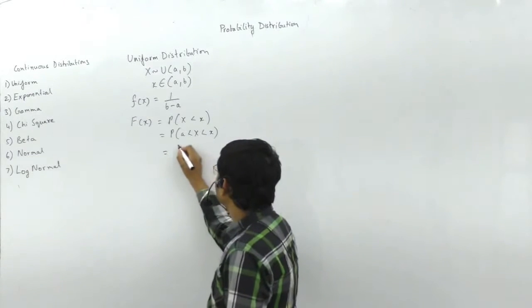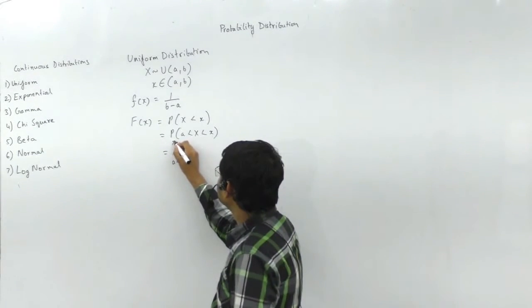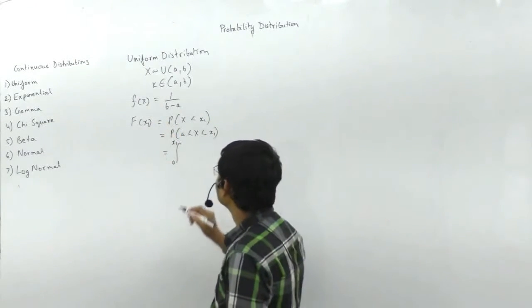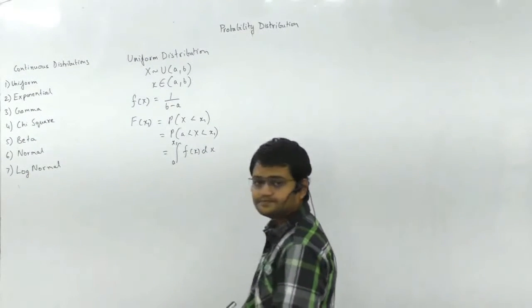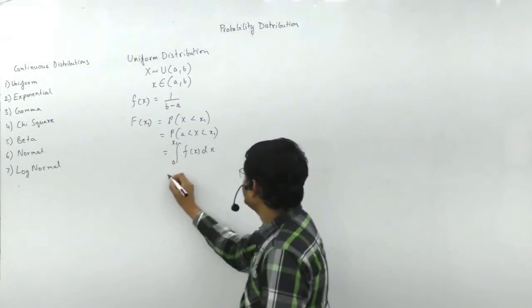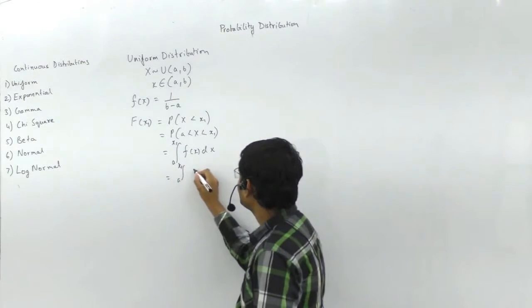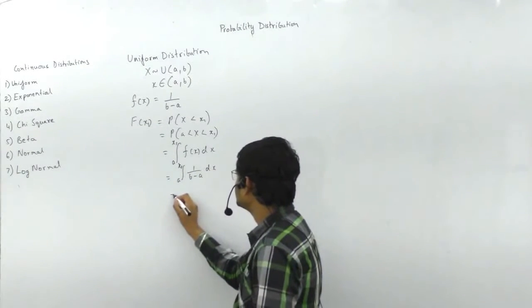Now that is going to be nothing but integration from a to, let's say, a particular value x1. I'll just put x1 here and we'll integrate f(x) dx. So integration, I have 1 by b minus a dx.